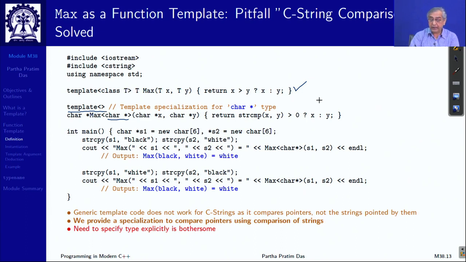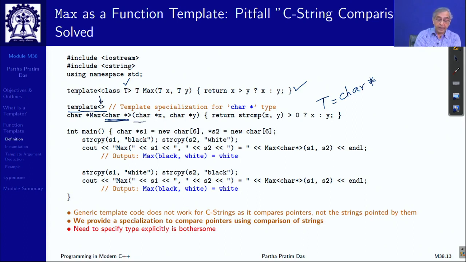So, what I have done in this case, I have specified explicitly that T is char star. I do that by writing the name of max in this way, as the way I was invoking. Therefore, this template has no separate type parameter. So, this type parameter is no more a parameter. Therefore, it has a null type parameter list.